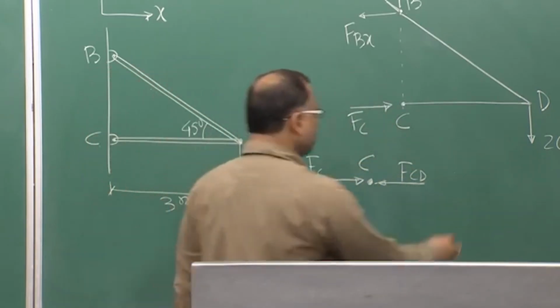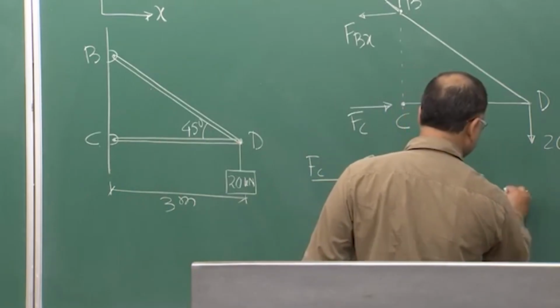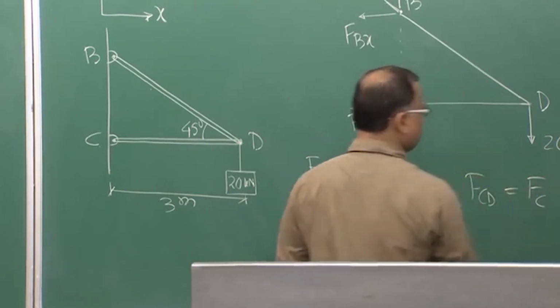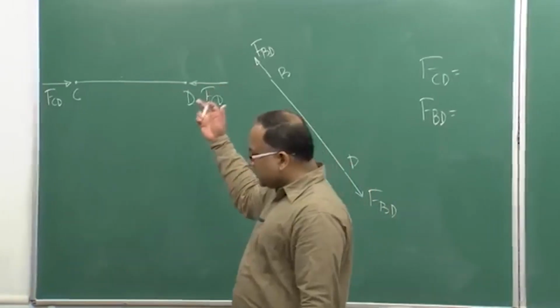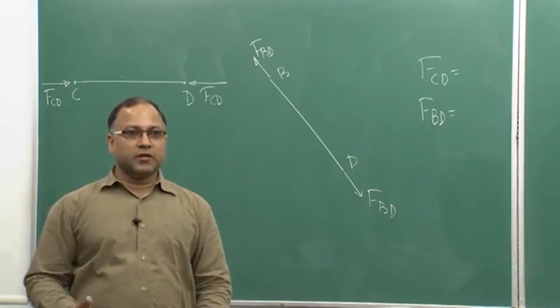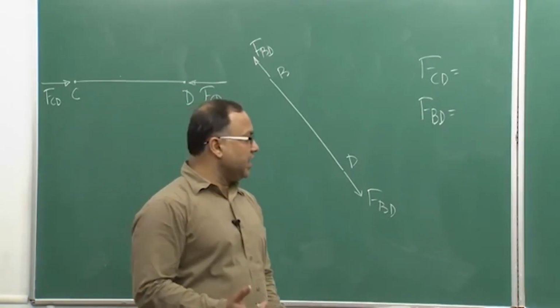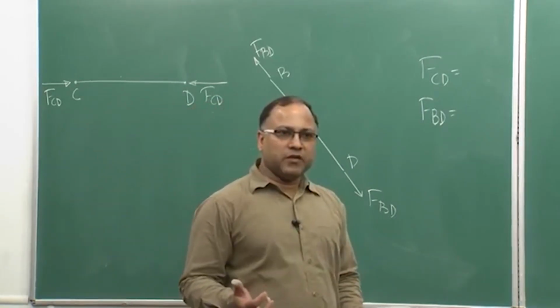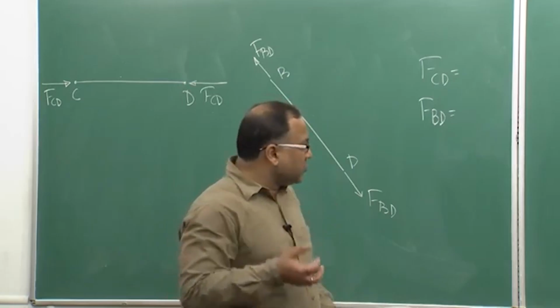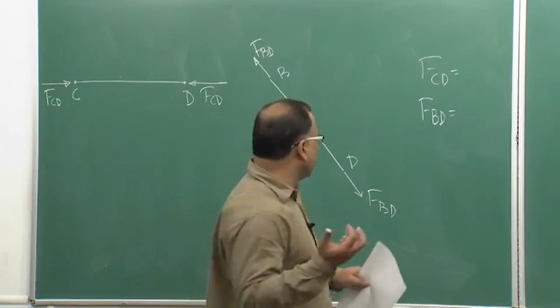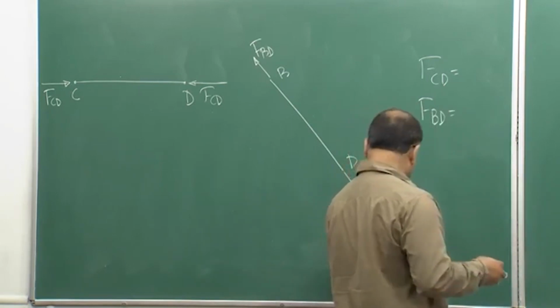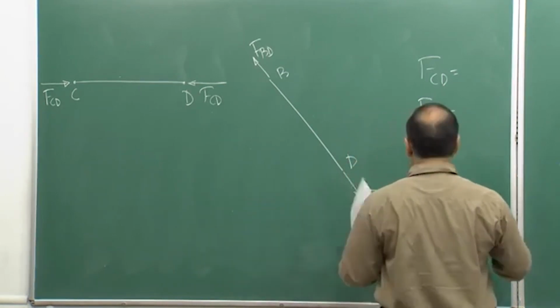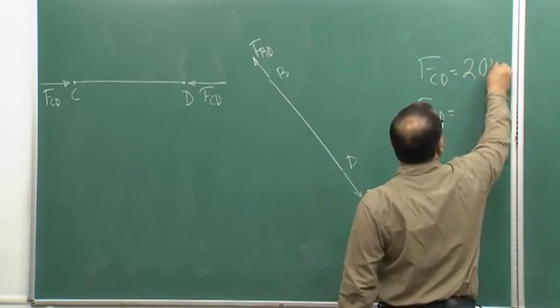So, FCD is nothing but FC. Agreed? So, whatever direction we consider, that is compressive force, FCD is compression in nature, then that comes perfectly fine. Okay? So, FCD is equal to FC. So, I can write FCD equal to 20 kilonewton.